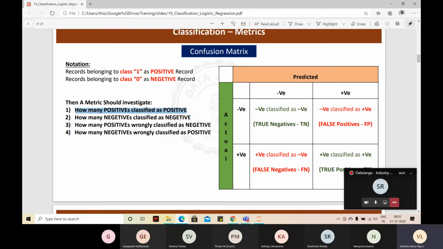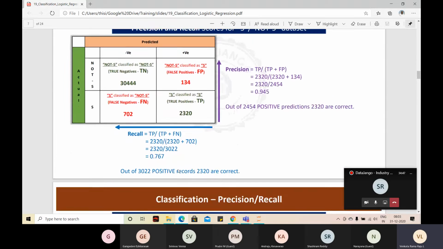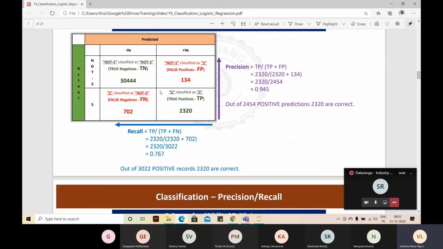So these two scenarios only it is considering. So the focus is not on a single area, especially on a minority class, when you look at the ROC curve.